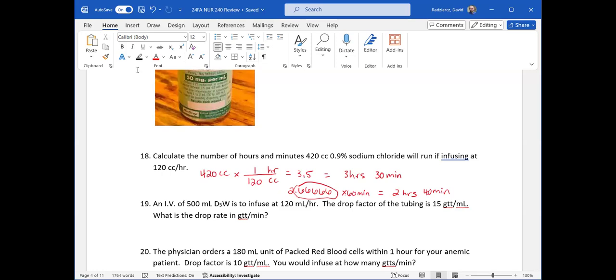Go ahead, Lauren. I'm sorry, I'm confused. Where did the 2.66 come from again? I just gave it as a scenario. So if you got an answer after you did your calculation and it came out to like 2.6666666, and it's asking you to calculate hours and minutes, then I just showed you how to convert that 0.6666666 to minutes.